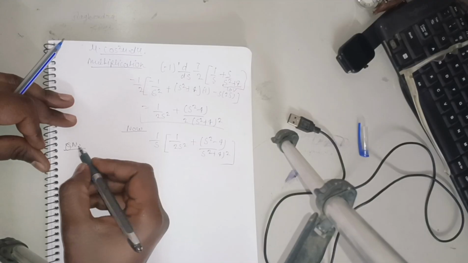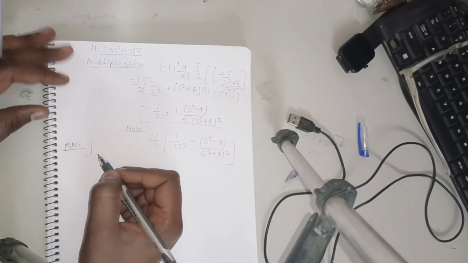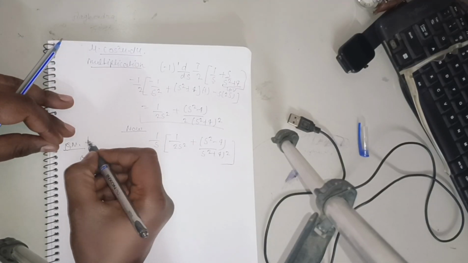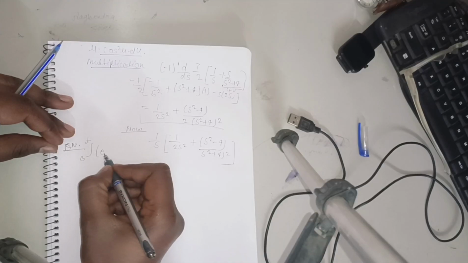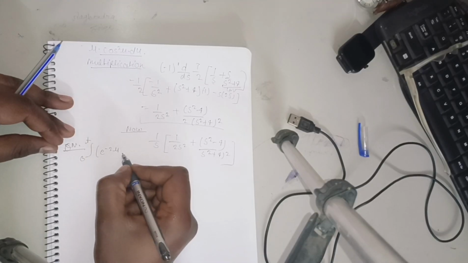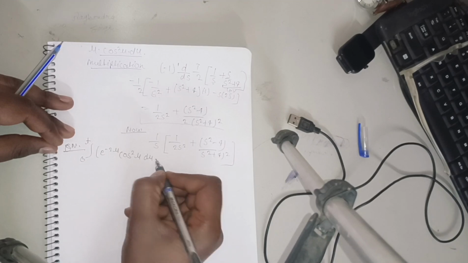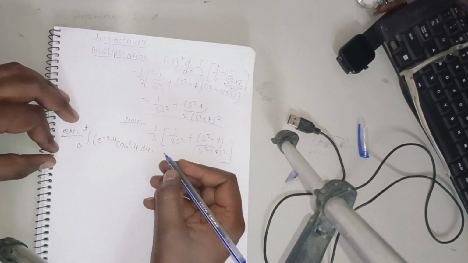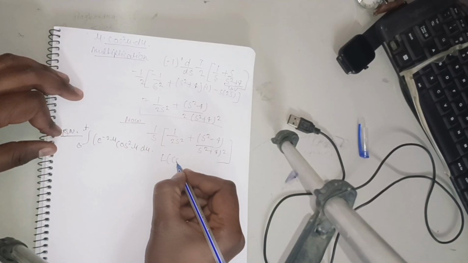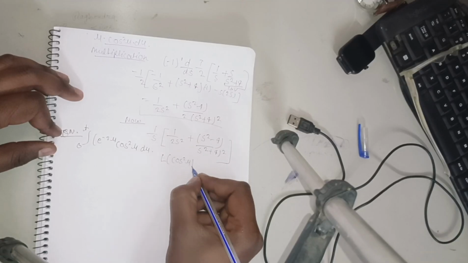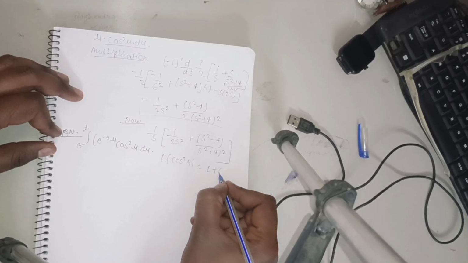This is going to be the last question, I think. Integration from 0 to t of e to the power minus 2u cos square u du. So Laplace of cos square u, I know, is going to be 1 plus cos 2u upon 2.